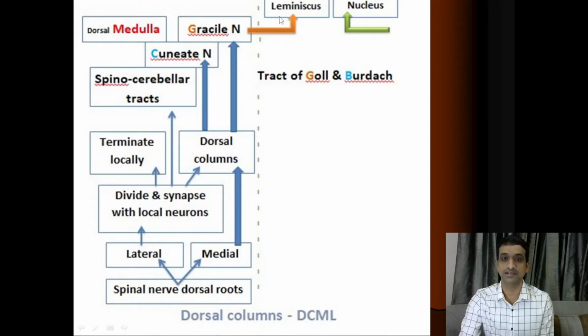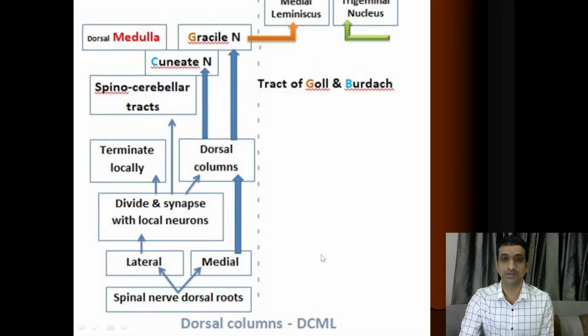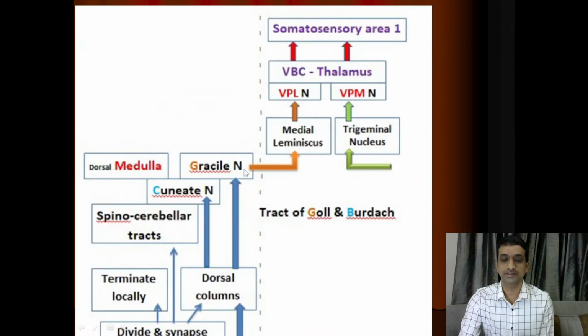I have represented the second order neuron in another color. Up to this extent is the first order neuron in this pathway. Then we will move upward. You can see the fibers ascending upward in the form of the medial lemniscus, traveling upward in the brainstem and reaching the thalamus.